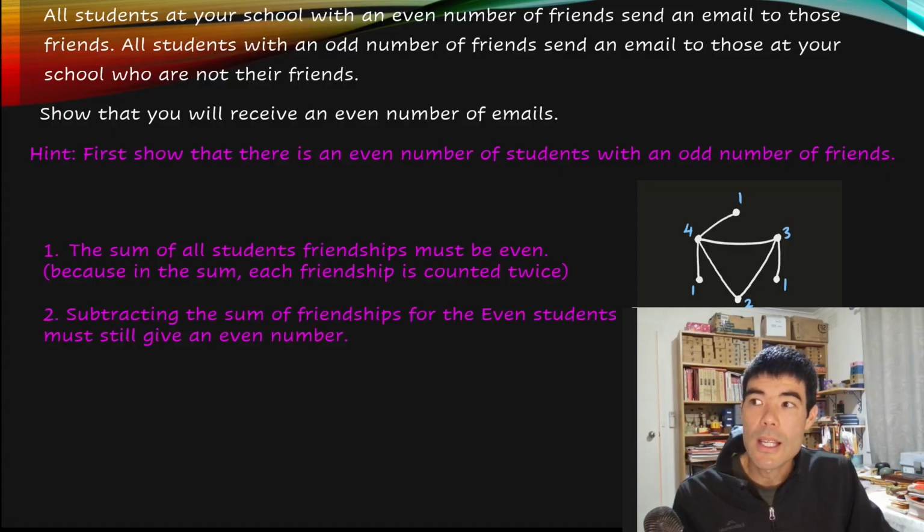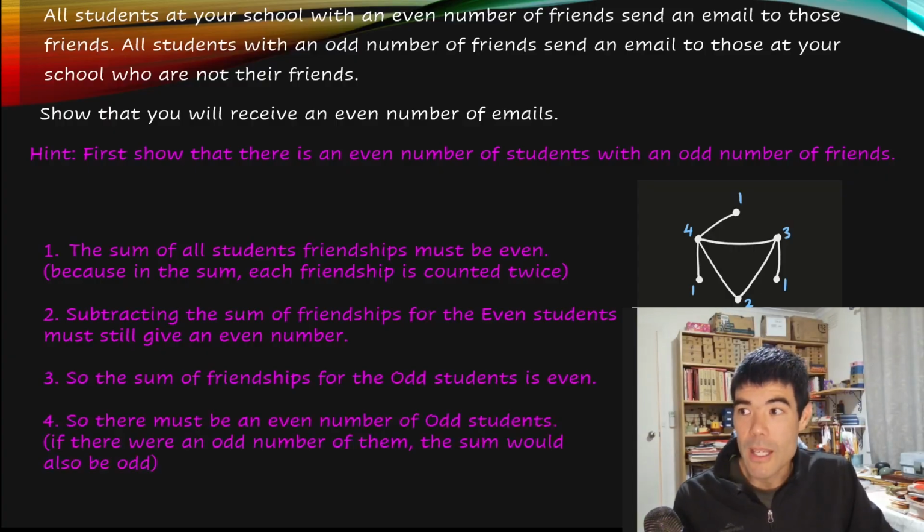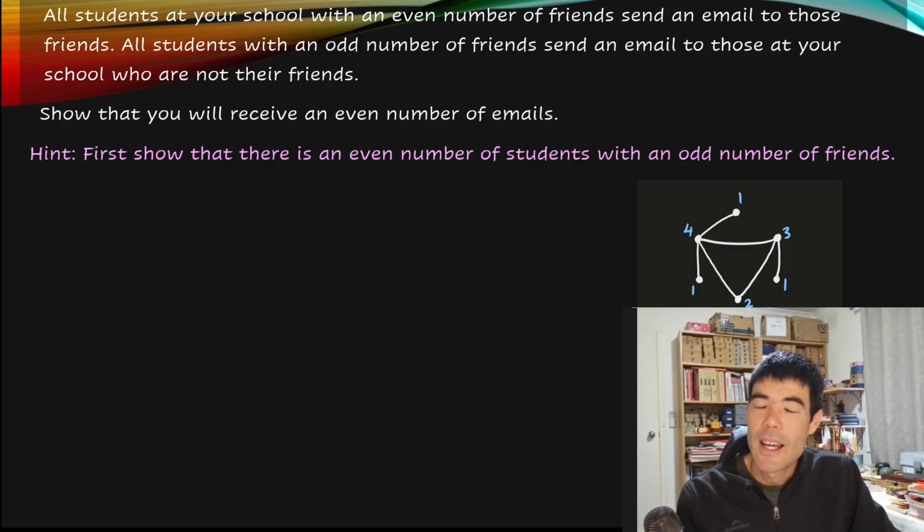So subtracting the sum of friendships for the even students from this sum must still give an even number. That means the total sum for the friendships of the odd students must be even, which then means that there must be an even number of odd students, because if there was an odd number of odd students, the sum would be odd. Okay, so that proves the hint, but then how does that help us to solve the problem?